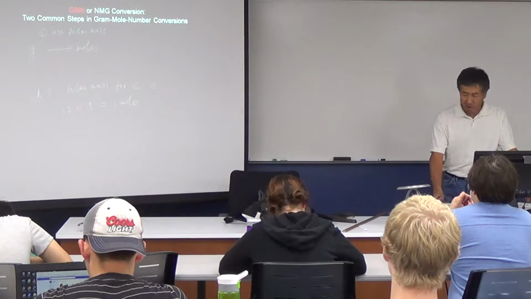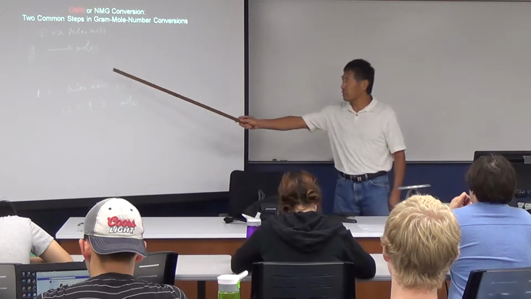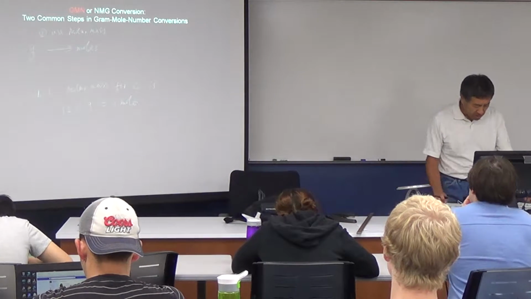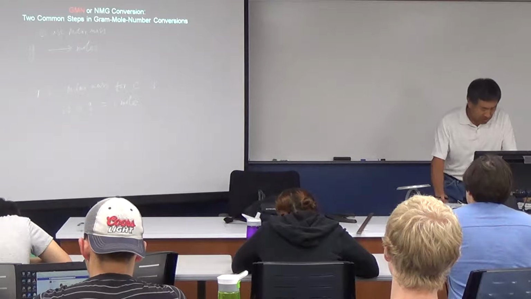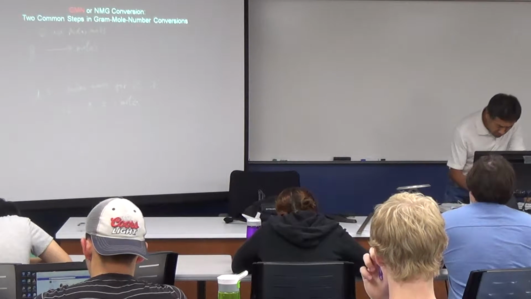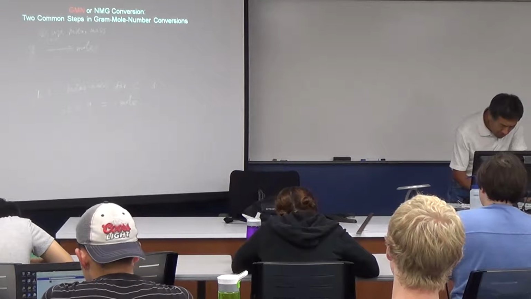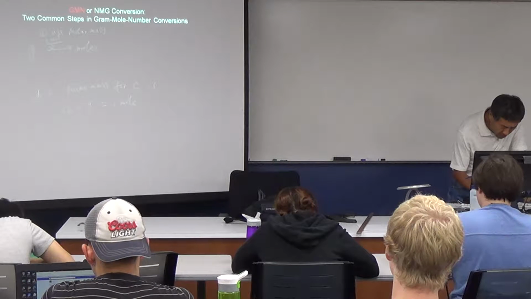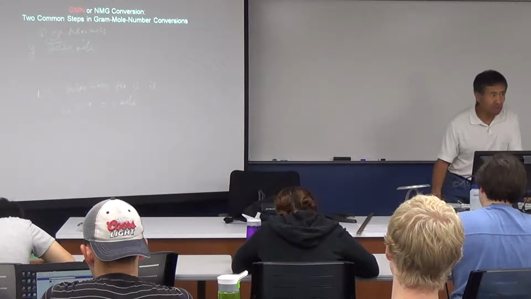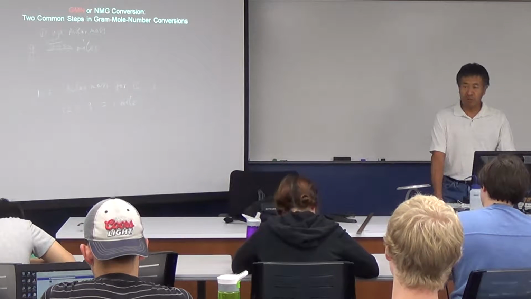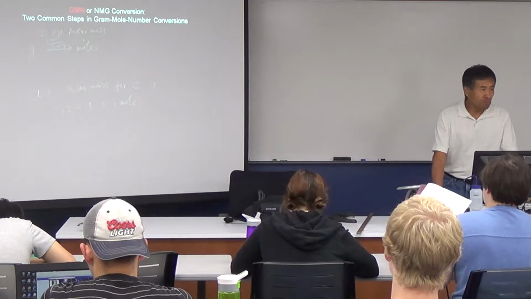If you are given grams and want to go from gram to moles, you have to make the right fraction. For this example, you use 1 mole on top and 12.01 gram at the bottom. So this is one example of using molar mass to convert from gram to moles.